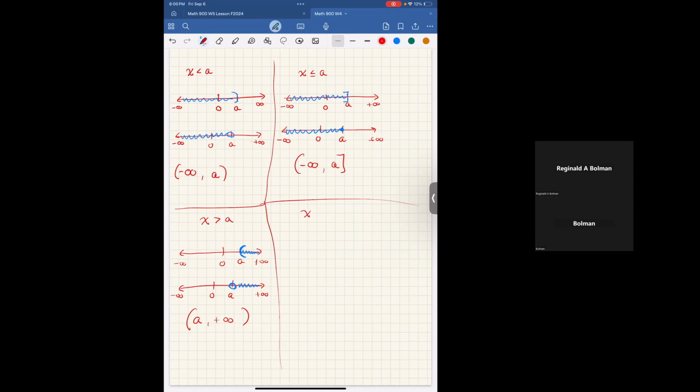The final possibility is that x is greater than or equal to some value, in which case you're going to have exactly the same graph from negative to positive infinity. You'll have a 0 and a somewhere on the graph. The only difference is that you'll now have a bracket facing towards positive infinity.